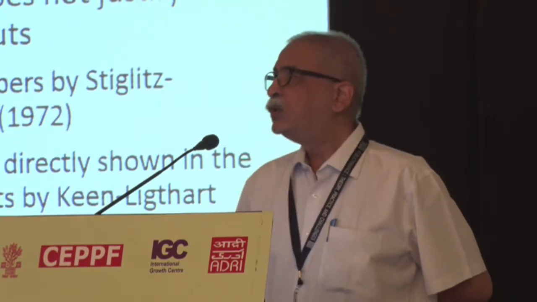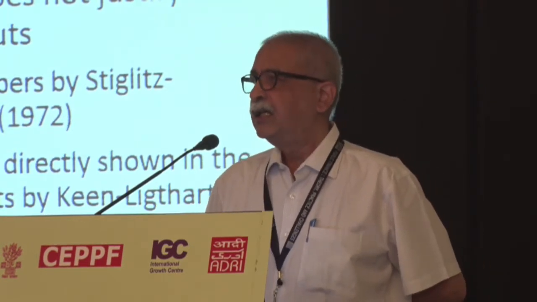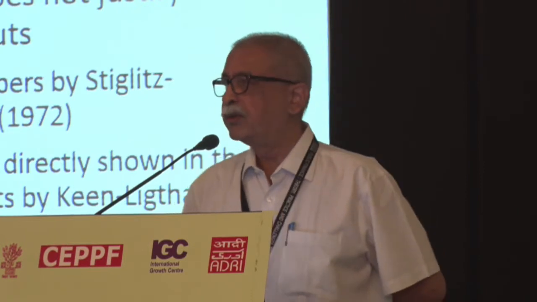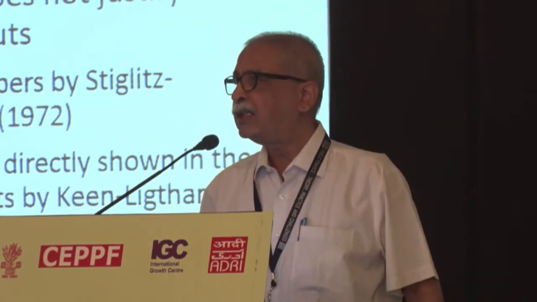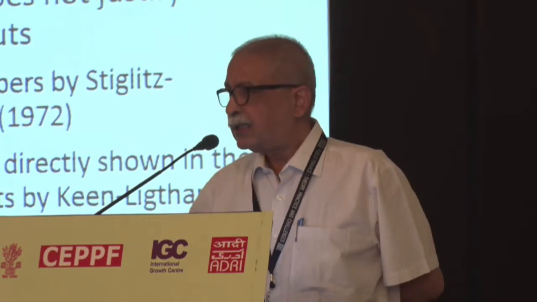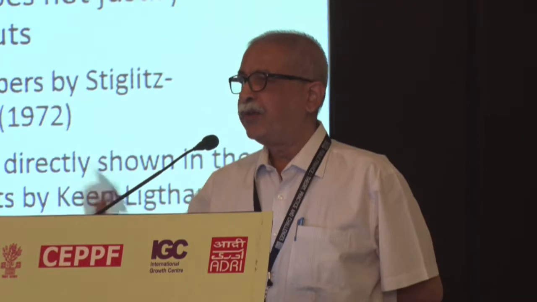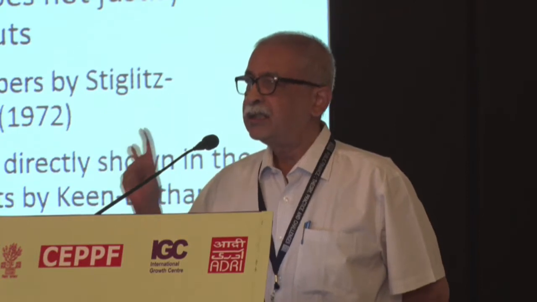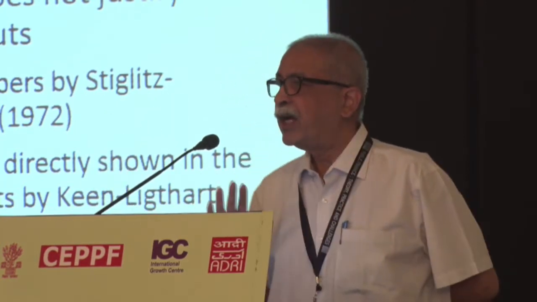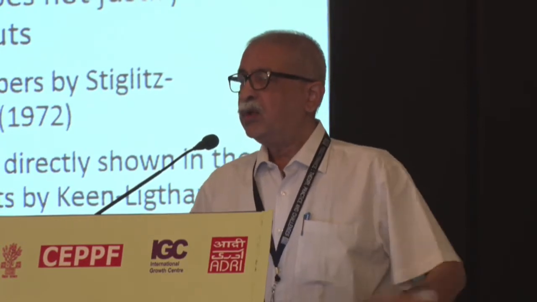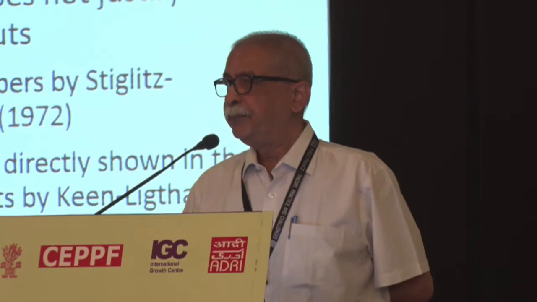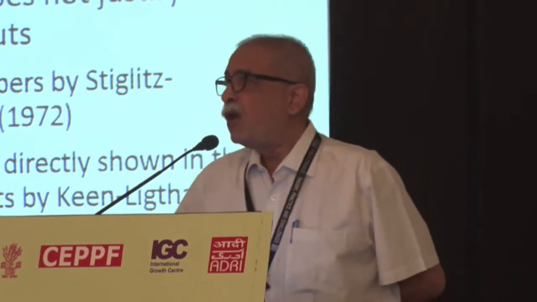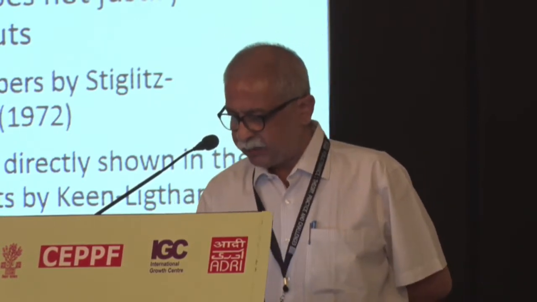Then there were two examples, one constructed by Michael Keen and Jenny Lightart, and the other in a paper I wrote, both written in 2005, where specific examples were constructed in which not giving input tax credits, in my paper's case having a cascade sales tax, would give you better welfare, lesser evasion, better GDP than a situation where you did give input tax credits. So this is a fourth set of arguments that the VAT may not be a suitable tax for India.